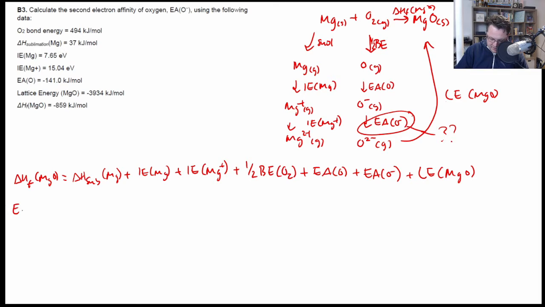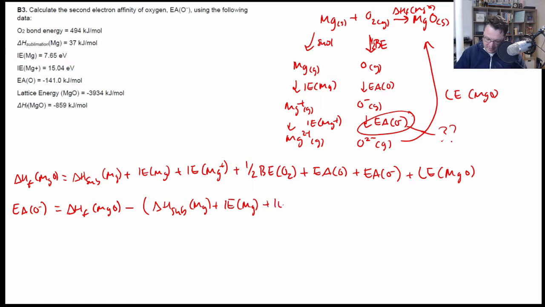So the electron affinity of O minus is equal to delta H of formation of magnesium oxide minus everything else we had before: minus delta H of sublimation of magnesium plus the ionization energy of magnesium plus the ionization energy of magnesium plus, plus 1/2 bond energy of O2 plus the electron affinity of just oxygen plus the lattice energy of magnesium oxide.